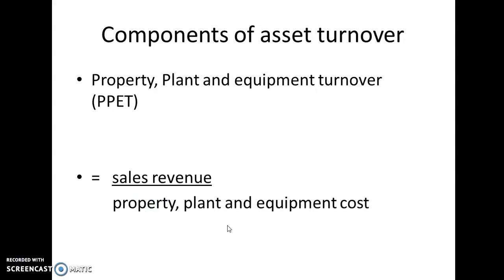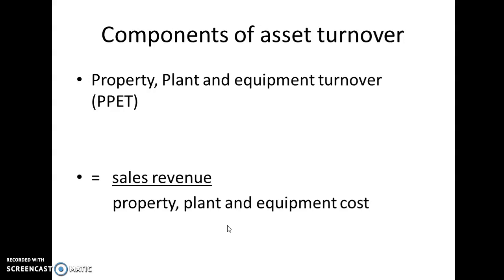The next ratio is the property, plant and equipment turnover ratio. The formula is sales revenue divided by property, plant and equipment cost. This measures the company's ability to generate net sales from its fixed assets like property, plant and equipment for a certain period.